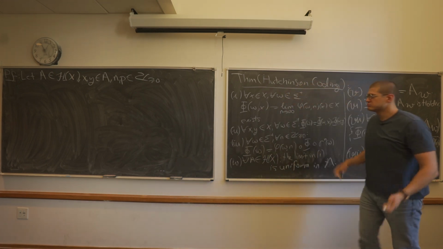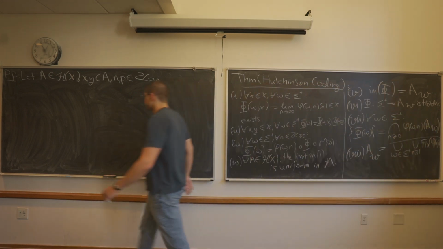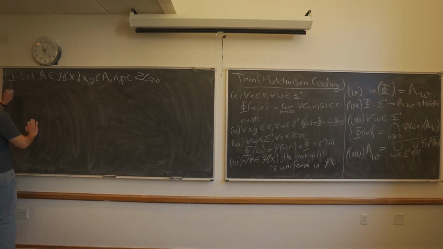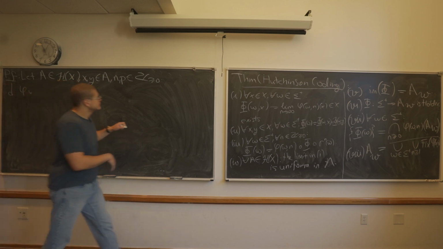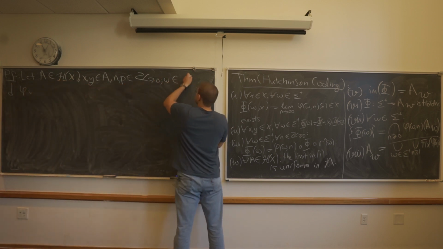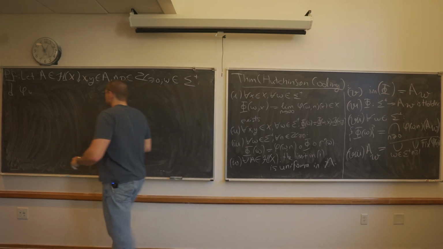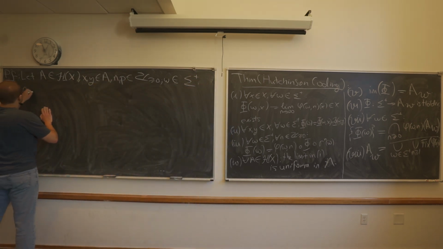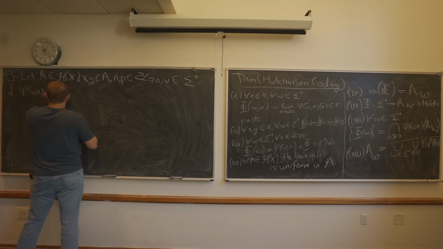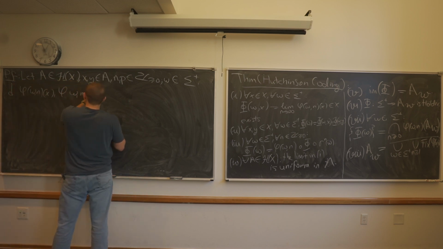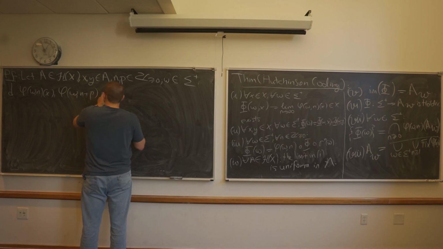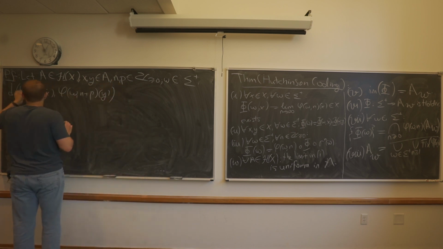I want to bound the following. D of phi, and a sequence. I want to bound this.